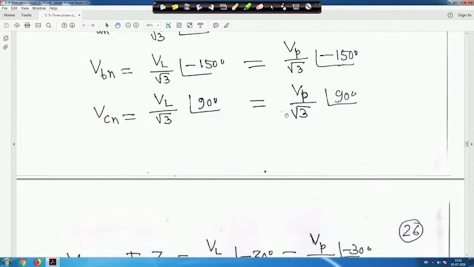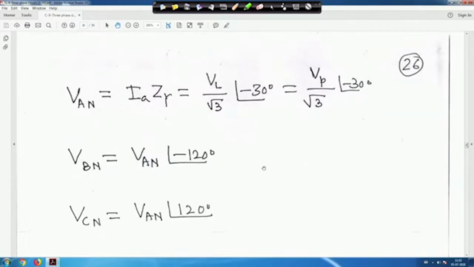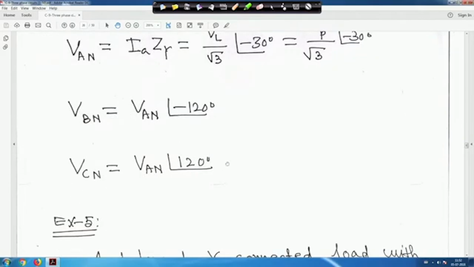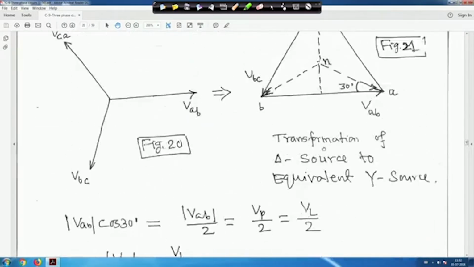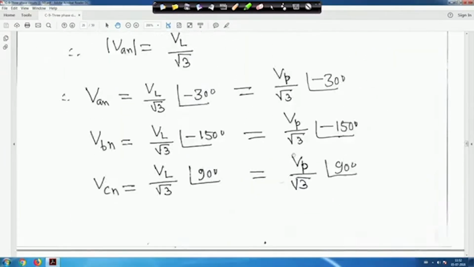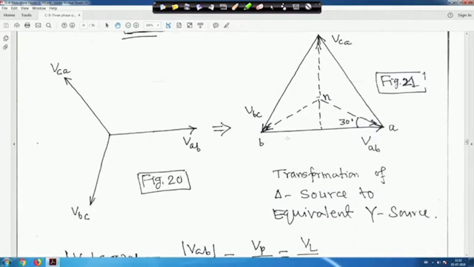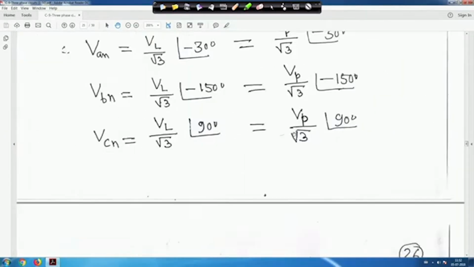Similarly, Van will be IaZy is equal to VL upon root 3 angle minus 30 degree, which is Vp upon root 3 angle minus 30 degree. Similarly for Vbn and similarly for Vcn. So this is what we call the transformation of delta source to equivalent star source. I just showed you how one can do it.